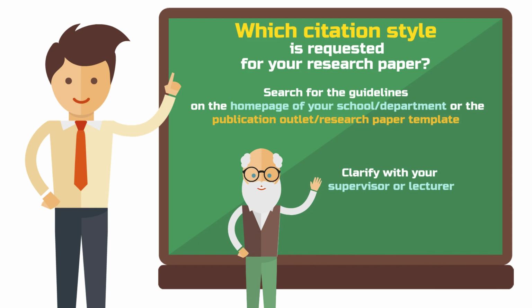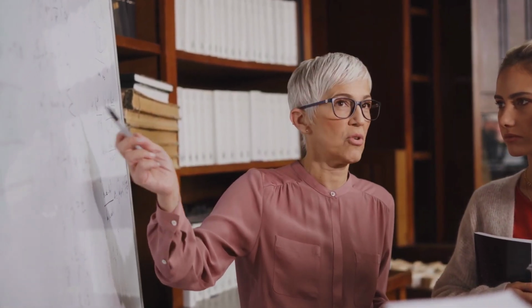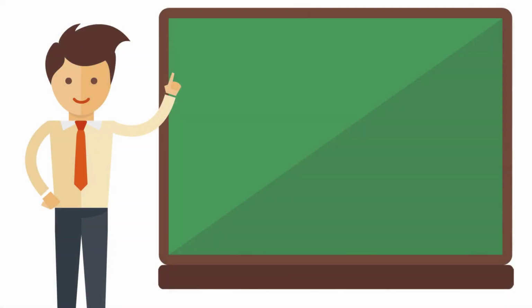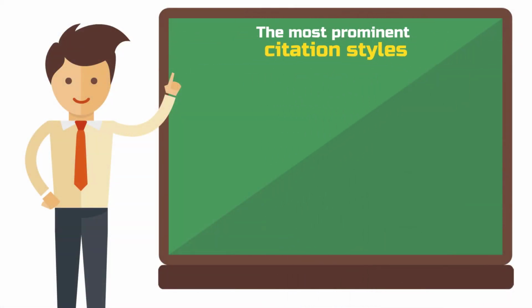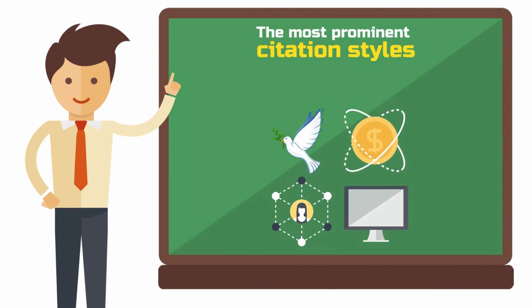This question should not be missed. If you choose a citation style that your advisor or instructor doesn't like or know, it can lead to unpleasant surprises in the evaluation. Different research disciplines have certain commonly used and respected citation styles. It would be tedious to argue which one is best. Each discipline has its own requirements.